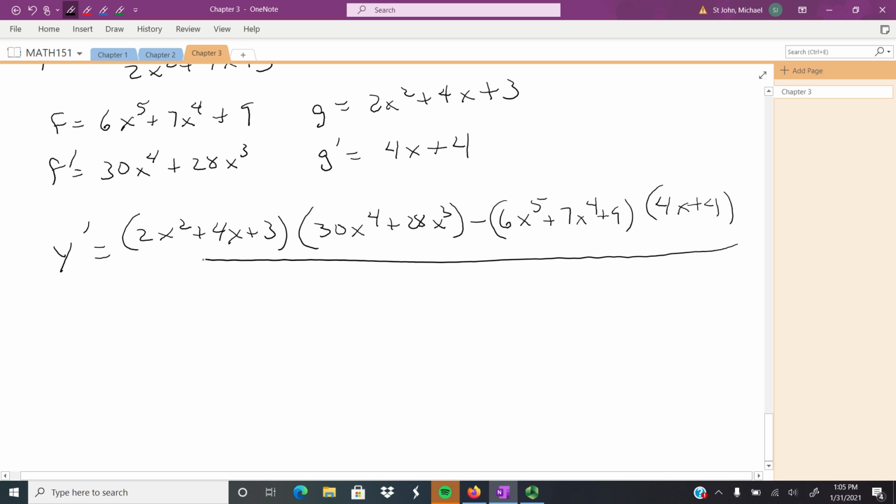All of that over the bottom term squared. And we get that.